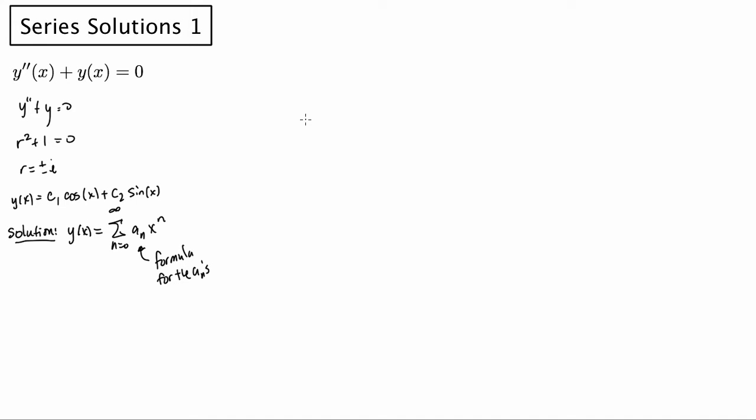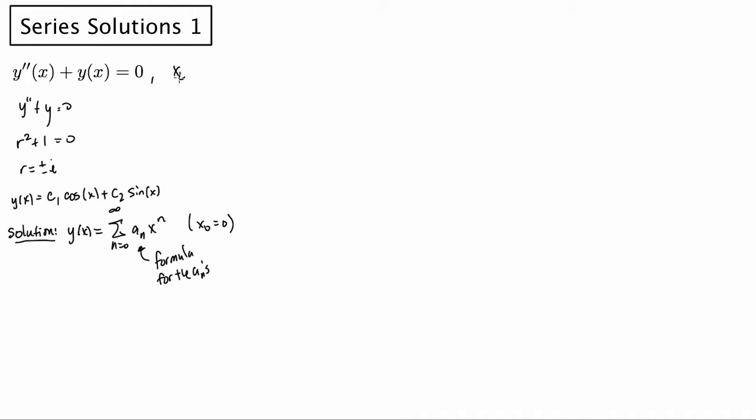Now there's one thing I want to talk about here. I'm expanding this about the point 0, so we would call this a Maclaurin series expansion, or a power series expansion about the point 0. The reason that I am able to do this is because 0 is an ordinary point.